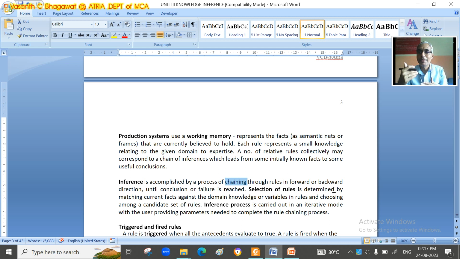Later we will discuss this more when we go to the rule based system, when we take some examples of how we are going to infer things. So we can have either forward or backward until we satisfy the conditions of the goal. It is just like an iterative process.